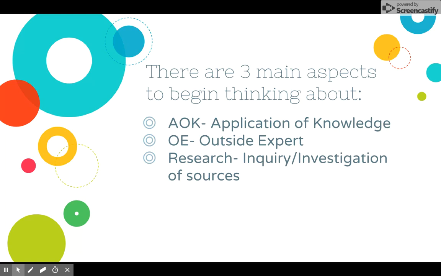On that proposal form, there are 3 main aspects that you need to think about. And believe it or not, there are screencasts already on the Senior Project website for all 3 of these things, so you can go and check those out. But as a brief recap, the AOK is the application of knowledge.